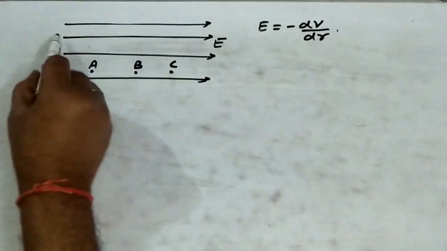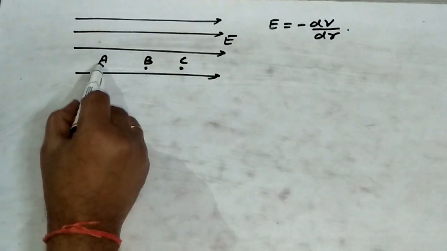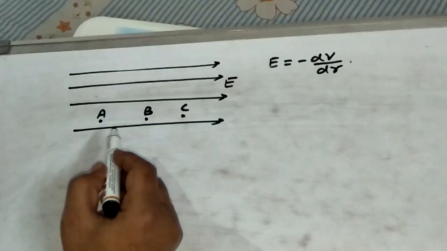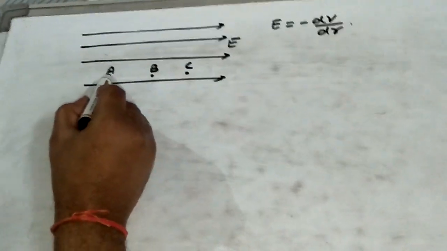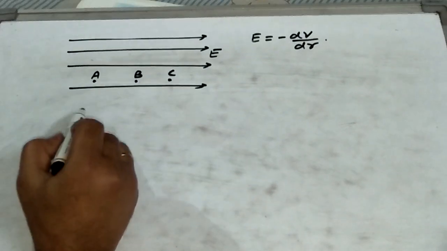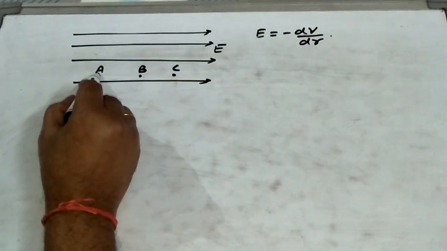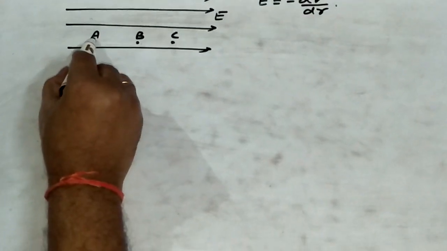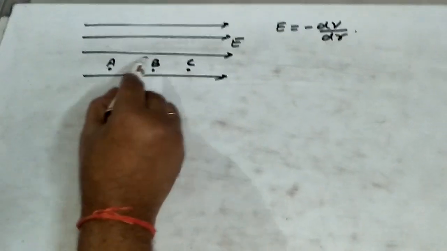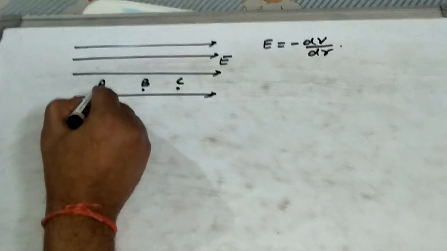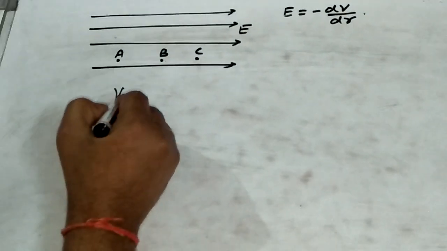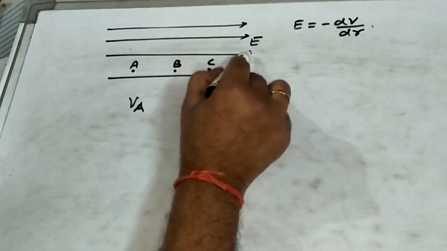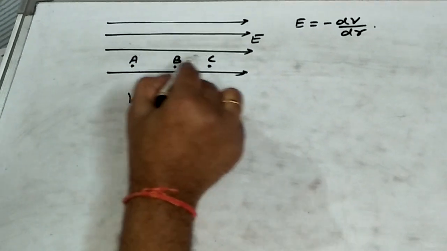Suppose in this electric field A, B, C are three points, and if anybody asks you what is the potential at points A, B and C, or at which point the potential will be more and at which point it will be less. So you can say here, as we move in the direction of the electric field, the electric potential decreases.